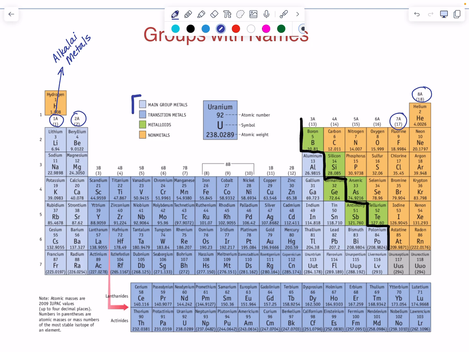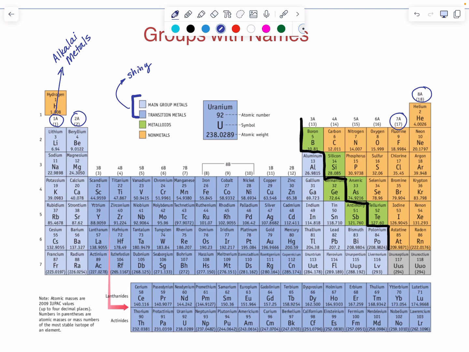So the properties of metals are physical properties. They're shiny. They're what we call ductile. If you take a sample of aluminum foil and you whack it with a hammer, it's not going to break apart, it's going to kind of squish.